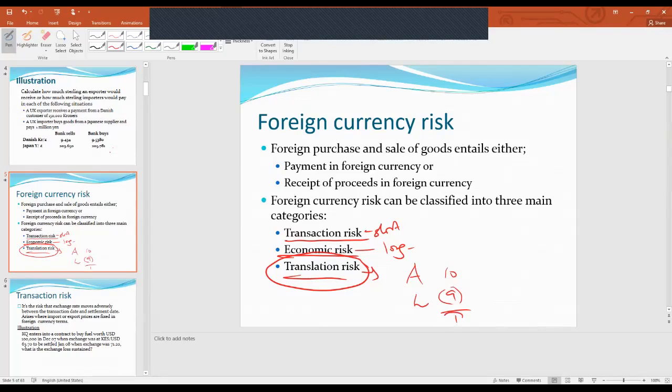This forms what we call a translation gain. If assets are 10 and liabilities are 11, you have a loss of 1, which is a translation loss. As such, it's a book loss because the books of this company were already balancing when they were prepared, so it should not be a concern as such. We call this translation risk.